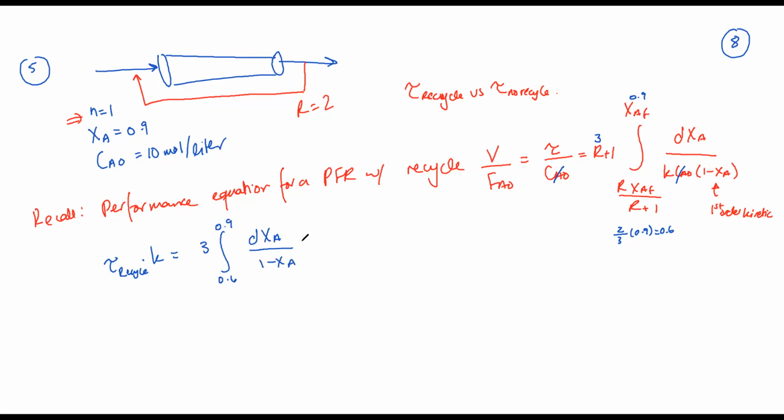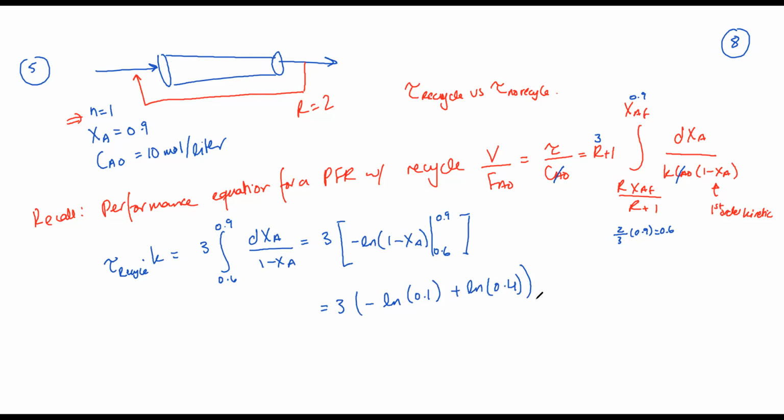And this is basically equal to 3 into minus ln(1 minus XA) from 0.6 to 0.9. And this will be equal to 3 into minus ln 0.1 plus ln 0.4, right? 1 minus 0.9 is 0.1, 1 minus 0.6 is 0.4, minus, minus, plus.